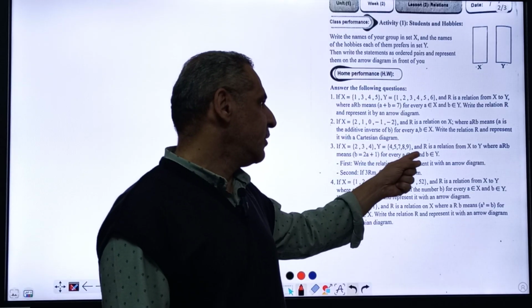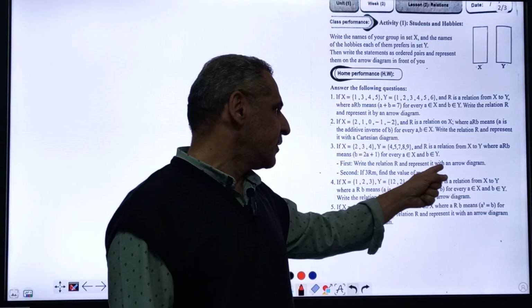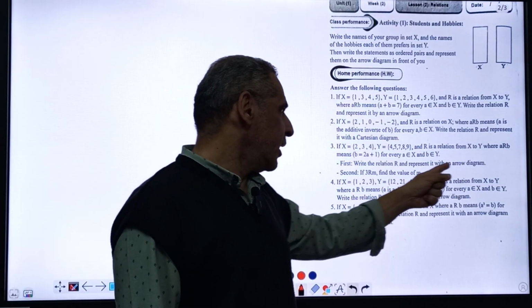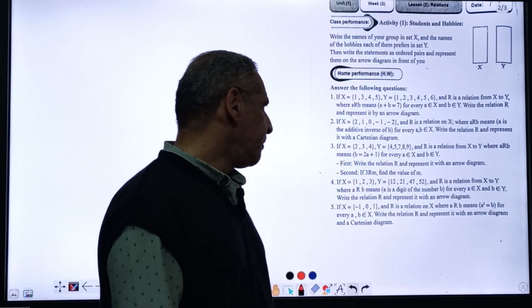For every a belonging to X and b belonging to Y, first write the relation R and represent it by an arrow diagram. Second, if (3, m) belongs to R, find the value of m.